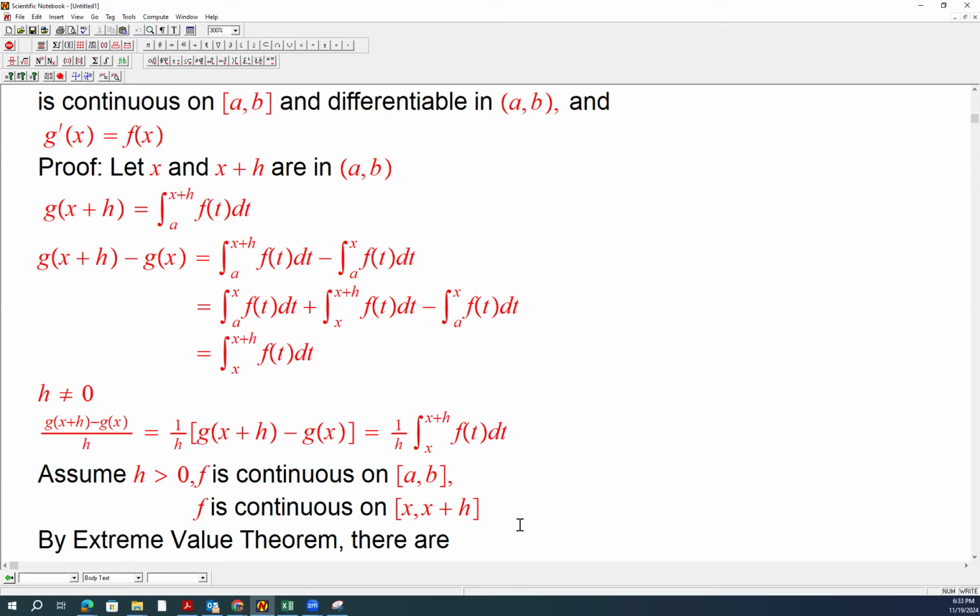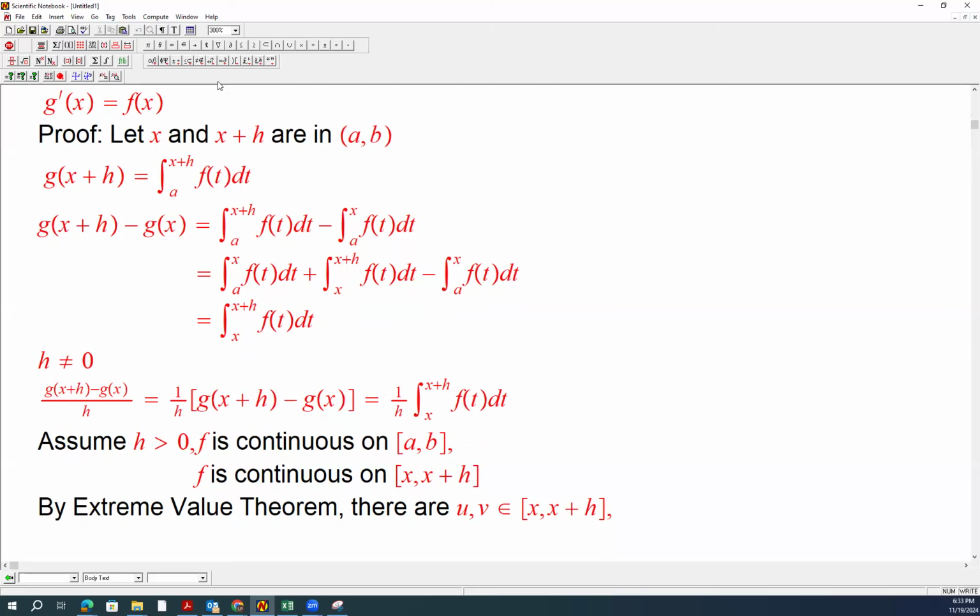So there are two numbers, u and v, inside this interval, such that one is the absolute max and the other is the absolute min.